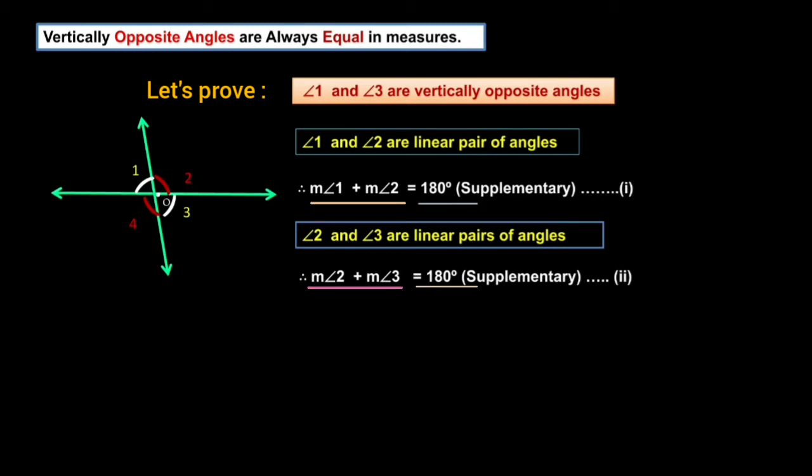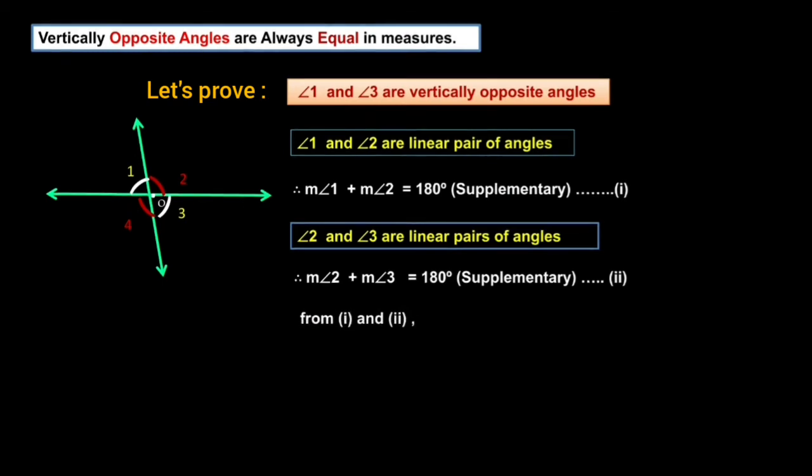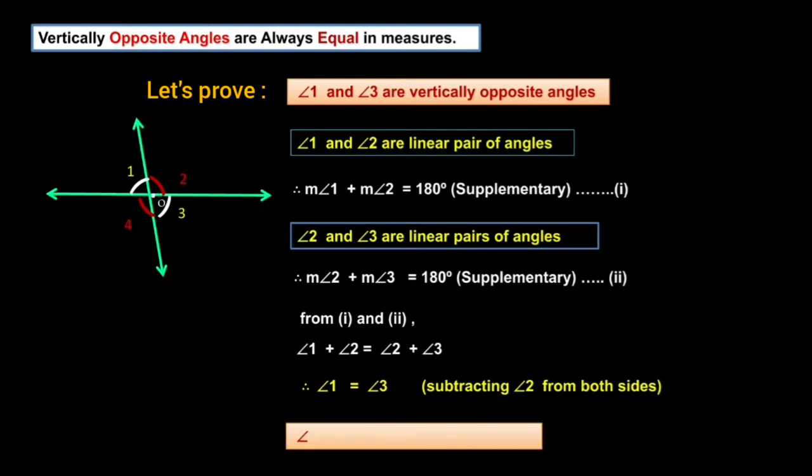So, now from equation 1 and 2, we get angle 1 plus angle 2 is equal to angle 2 plus angle 3. By subtracting angle 2 from both sides, we get angle 1 is equal to angle 3. Therefore, it is proved that angle 1 and angle 3 are congruent angles.